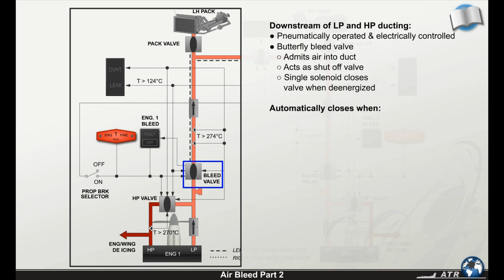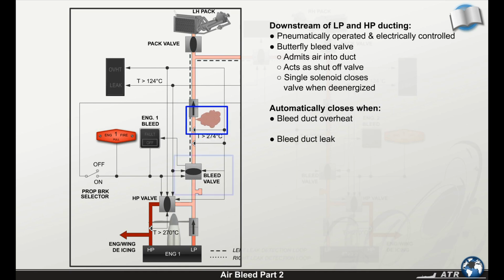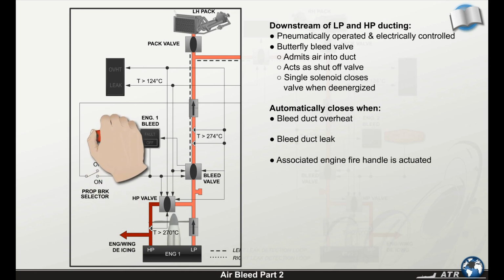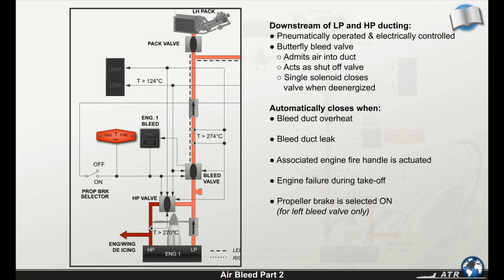The bleed valve automatically closes when a bleed duct overheat is detected, a bleed duct leak is detected, the associated engine fire handle is actuated, an engine failure occurs during takeoff, and the propeller brake is selected on for left bleed valve only.